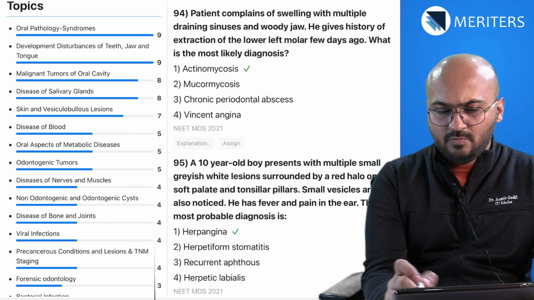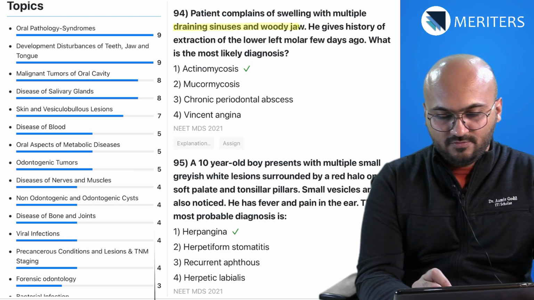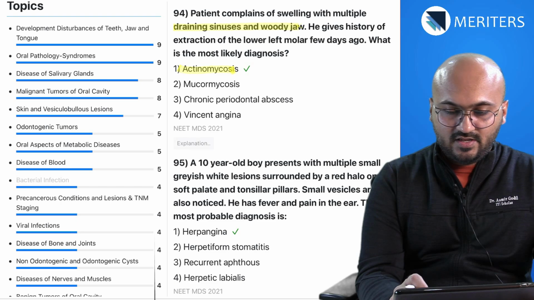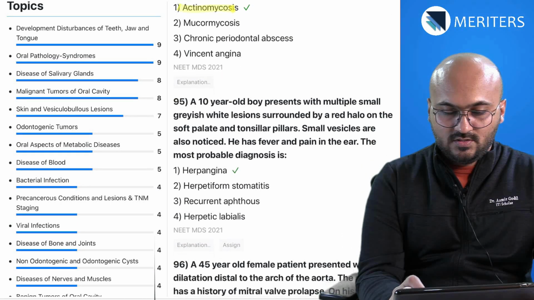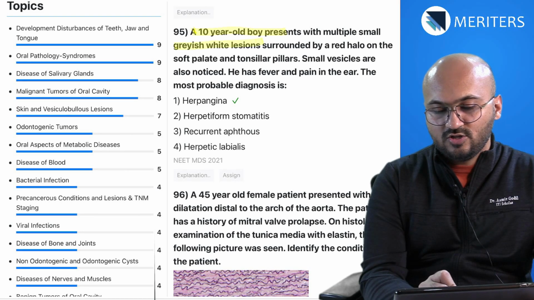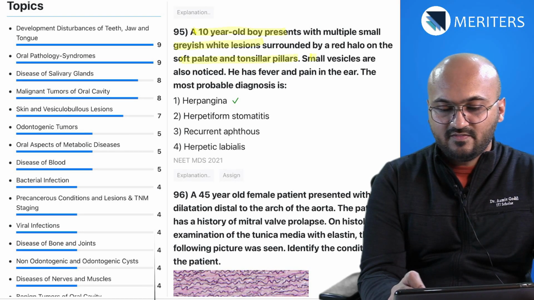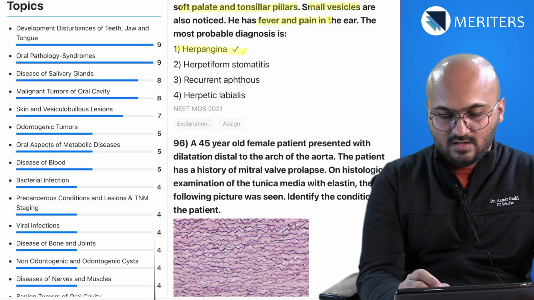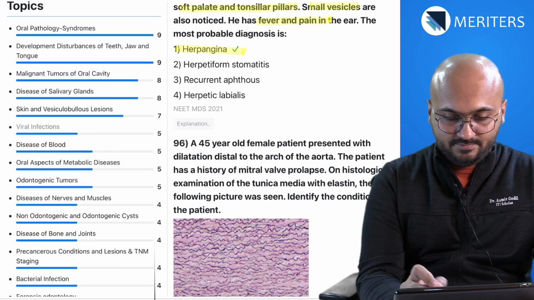Then we have a patient with multiple draining sinuses and a woody jaw, that is actinomycosis. The word woody is very popularly used with actinomycosis. And a 10-year-old with lesions along the tonsillar pillar and soft palate and vesicles, fever and pain, that's herpangina. Easy to confuse with diphtheria.